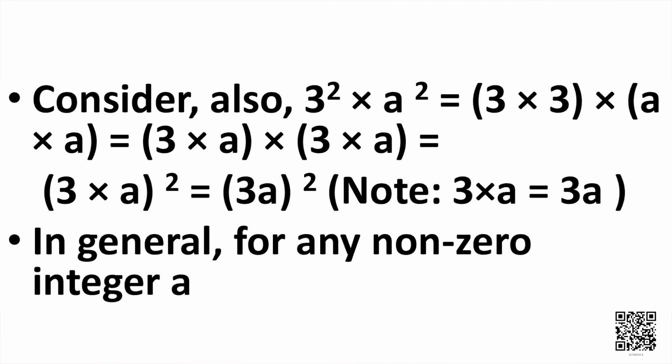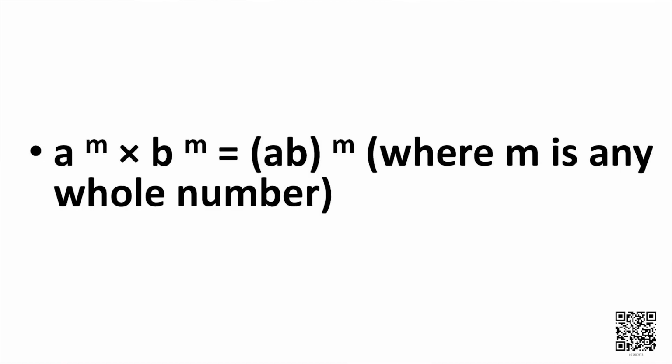So students, in general, for any non-zero integer a, a to the power m multiplied by b to the power m, where the exponents are the same, the answer will be (ab) to the power m, where m is any whole number.